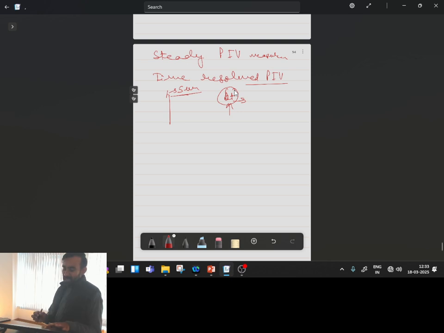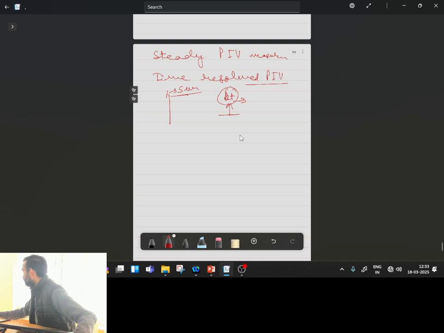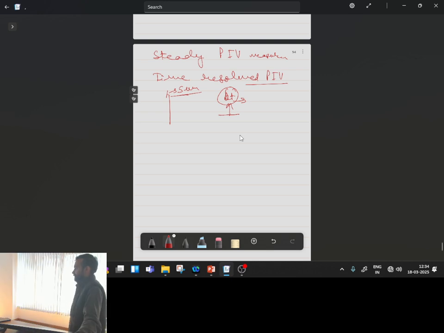This type of PIV, where pulses between the laser light and the camera frame are taken at very small time scales, smaller than the Kolmogorov time scale, lets us capture the full details of the flow field, and that is called time resolved PIV.